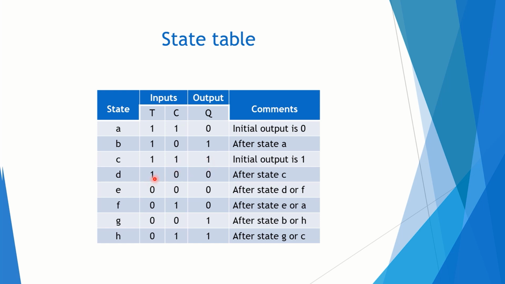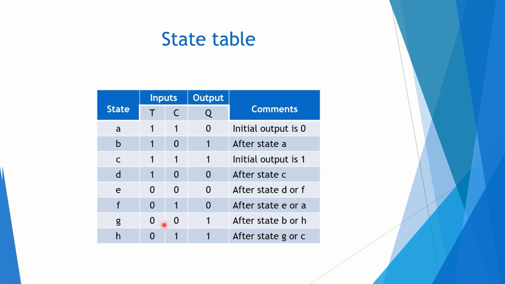Then when the clock goes from 1 to 0 and T is equal to 1, it complements, that is after state C. And then after D or state F, when it goes 0 to 0, it remains in the same state 0. After E or A, when it goes from 1 to 1 and T is equal to 0, it remains in the same state, that is state A, the same state 0.